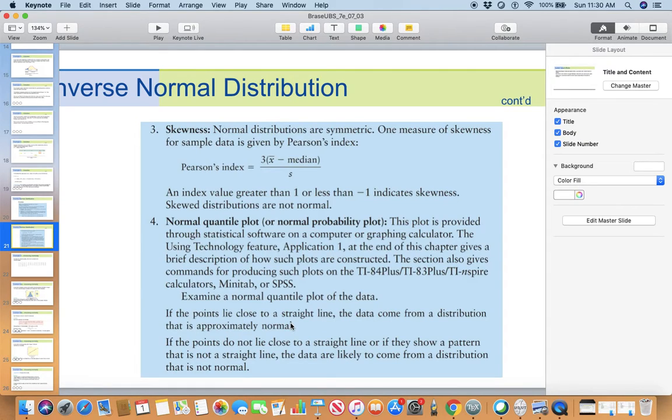If the points lie close to a straight line, the data come from a distribution that is approximately normal. If the points do not lie close to a straight line or show a pattern that is not a straight line, the data come from a distribution that is not normal. So this requires some package.